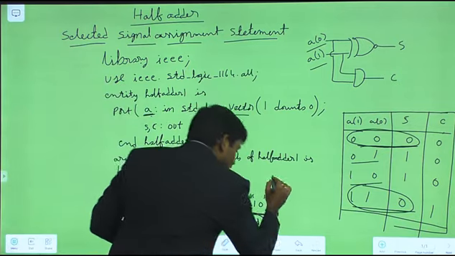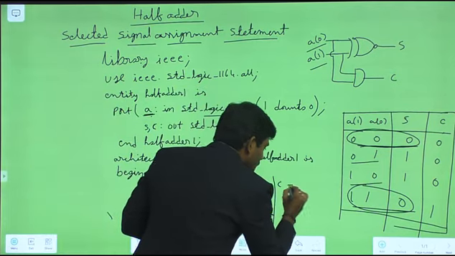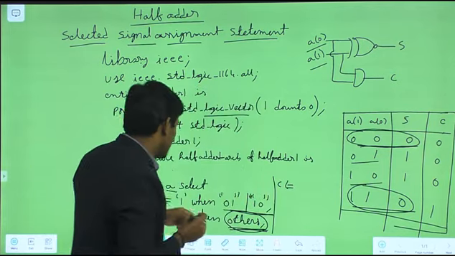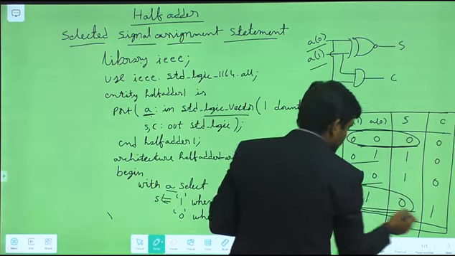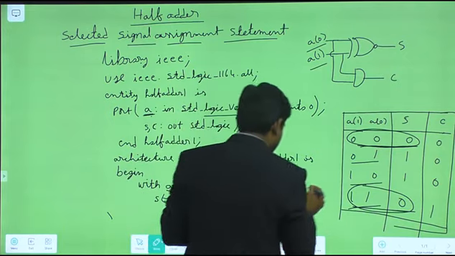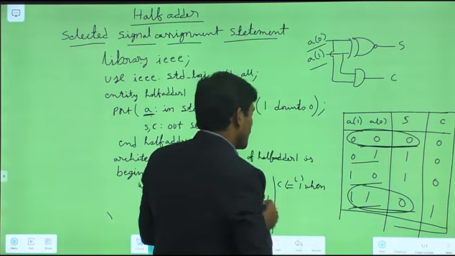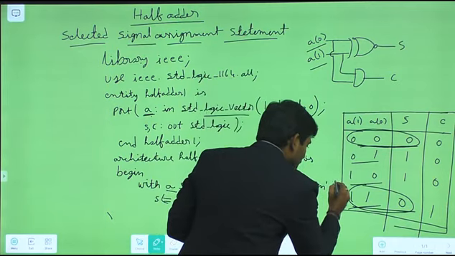Next, continuing, we represent the second output, which is carry. Other than the 1 1 combination, for all remaining inputs the output becomes 0 itself. So C is 1 when the input is 1 1.